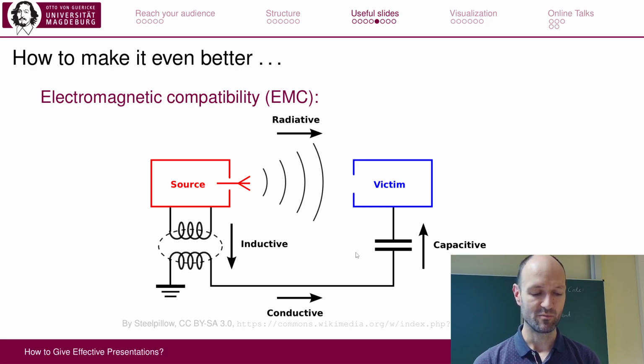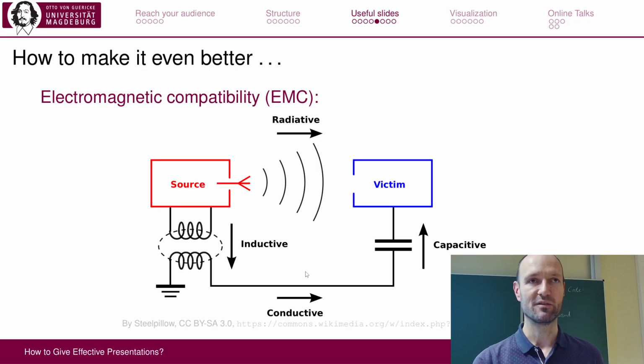Electromagnetic compatibility is about coupling interference between devices: we have sources of disturbances that emit fields, and victims of disturbances that might get disturbed by external fields. The coupling can happen via magnetic or electromagnetic radiative fields, inductive fields, electric fields via capacitors, and so on. In this picture you can much more nicely explain whatever you would like to explain.